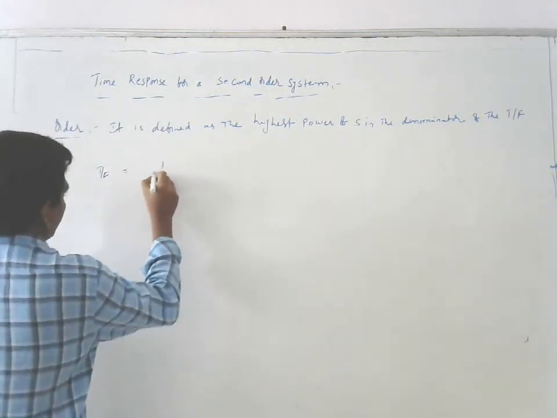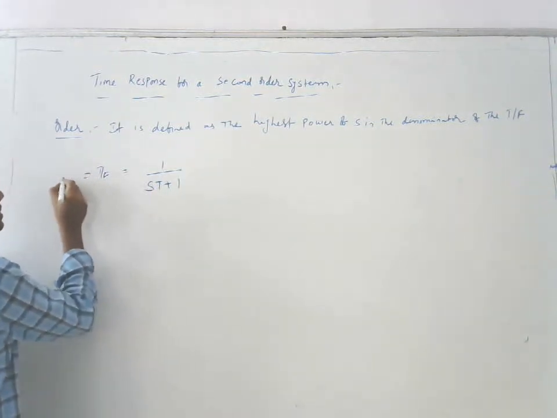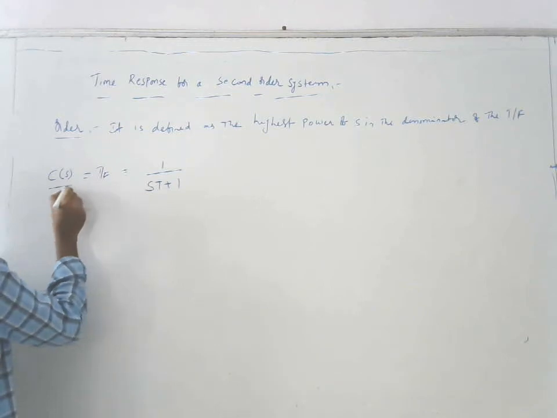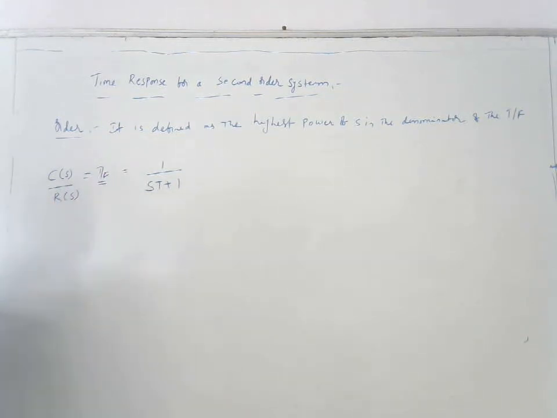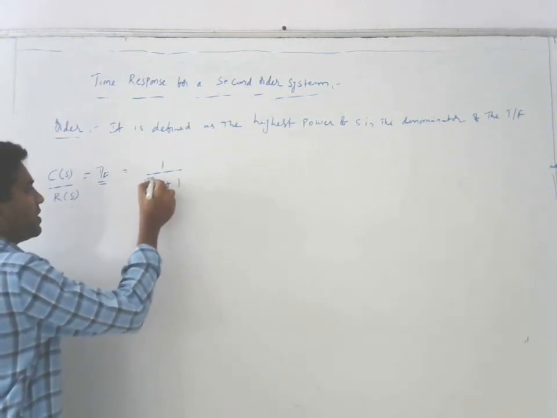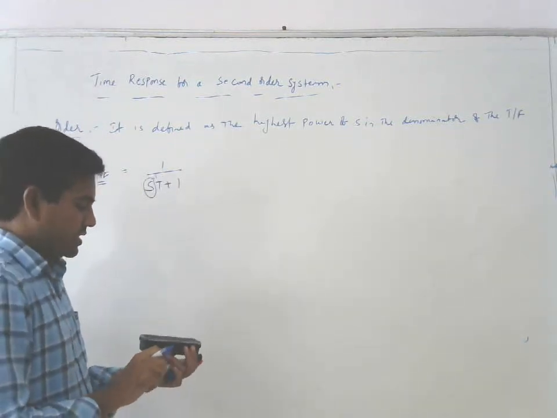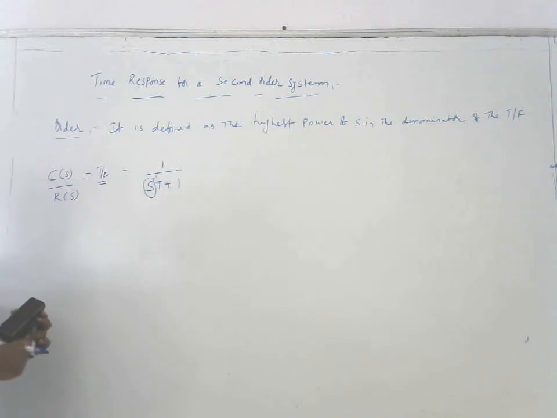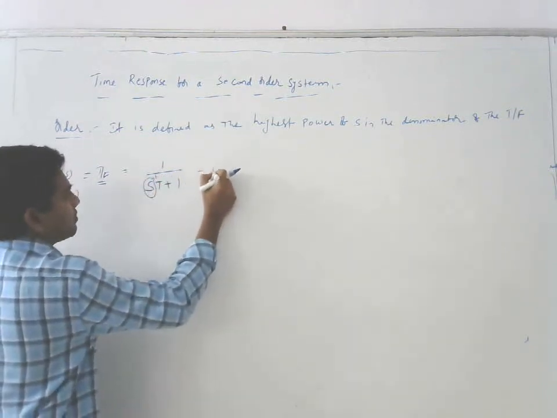For example, if I get a transfer function C(s)/R(s) equal to 1 divided by sT plus 1, here the power of s is 1, so we call this a first order transfer function.